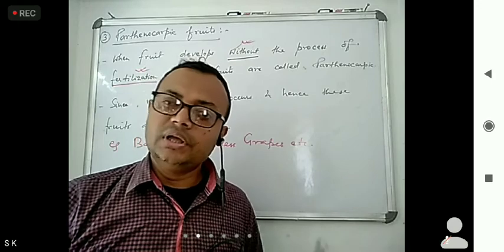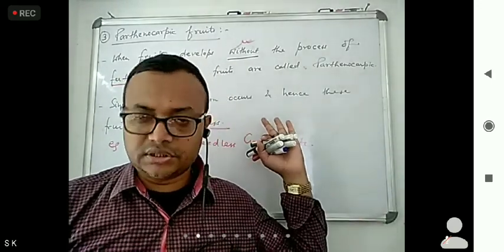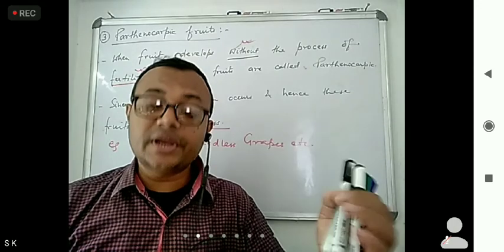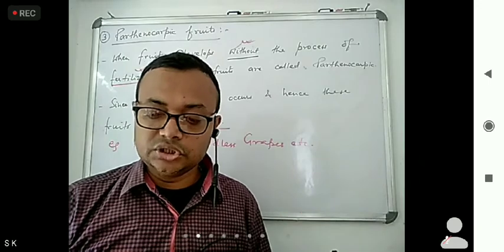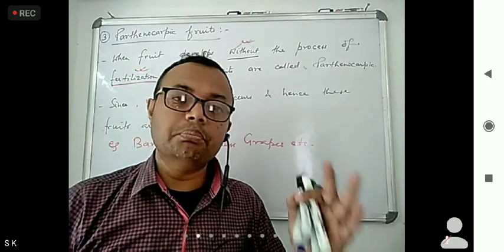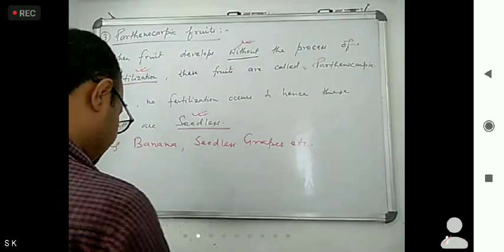Okay, now next we have to see what? Apomixis. Here a fruit develops without fertilization, which we called parthenocarpic. If a seed develops without fertilization, that is known as apomixis.